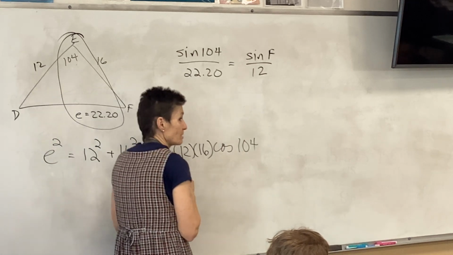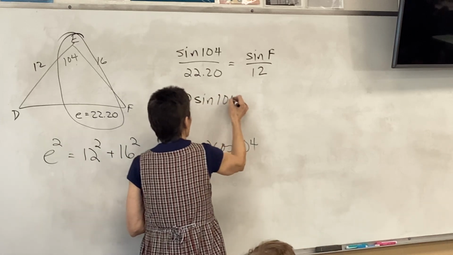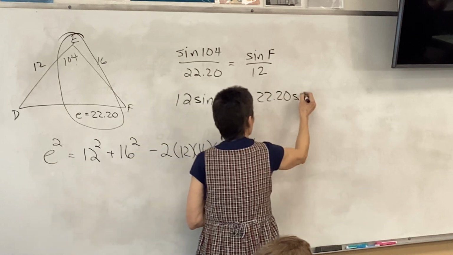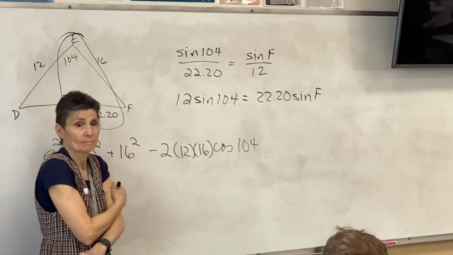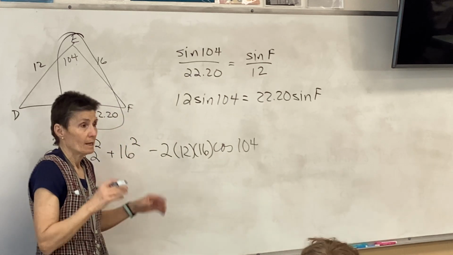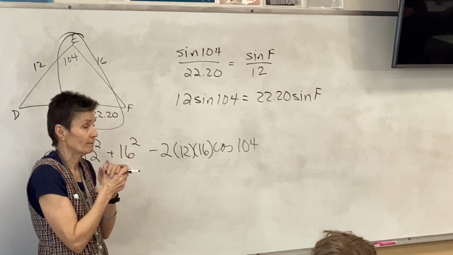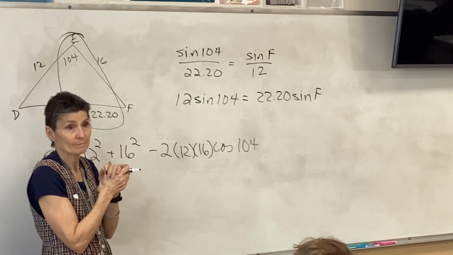Alright, so now we cross multiply. 12 sine 104 equals 22.20 sine F. Every time you cross multiply, ever in your life, after you cross multiply, you're going to divide.